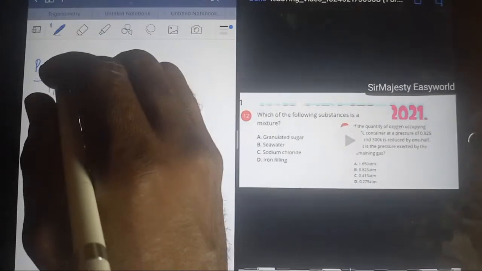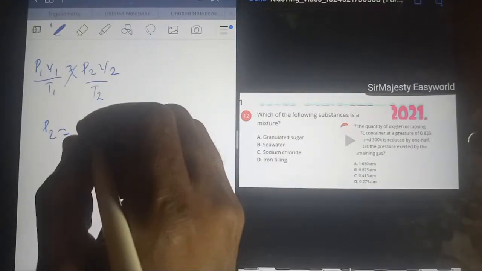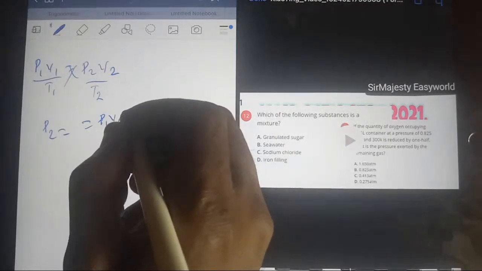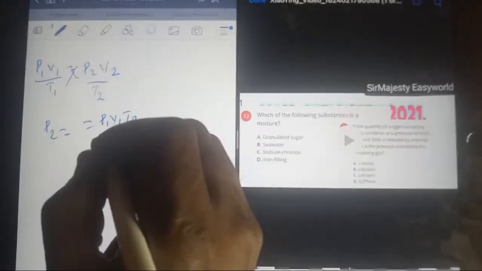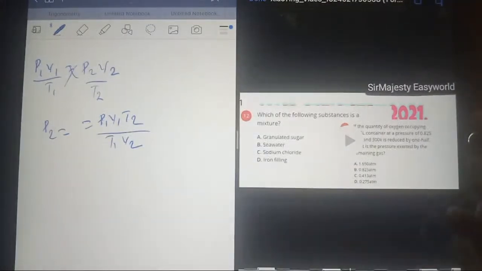So make P2 the subject of the formula. We have that P2 is equal to P1V1T2 divided by T1V2. So you substitute these values given.